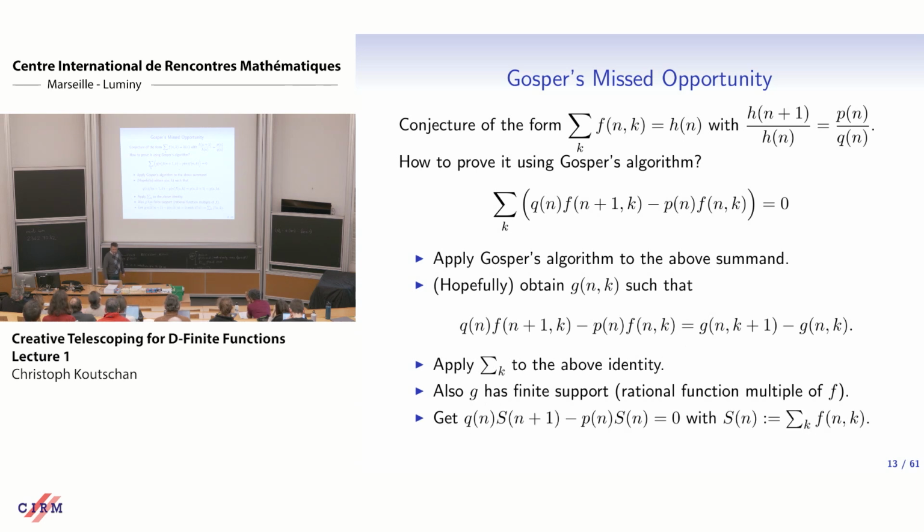We can sum over the whole thing and we get 0 on the right hand side. So we find that the sum satisfies this difference equation. Well, and this is nothing else than the difference equation for the right hand side. So if we now test that the first value at n equals 0 agrees, you have a proof that the sum over f indeed evaluates to h. So this you can purely do with Gosper's algorithm.